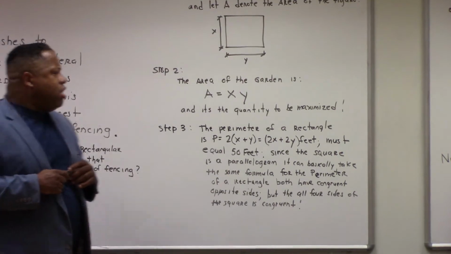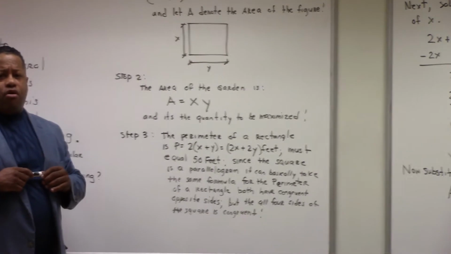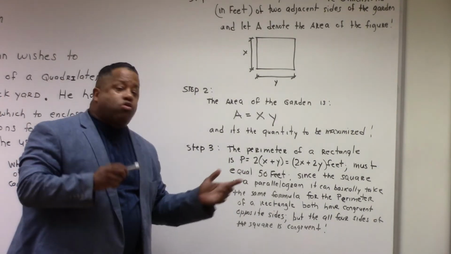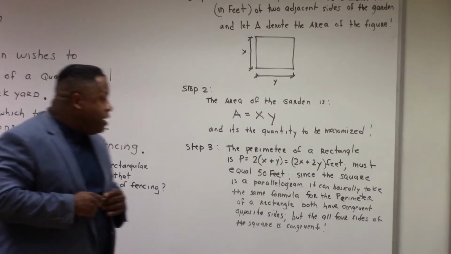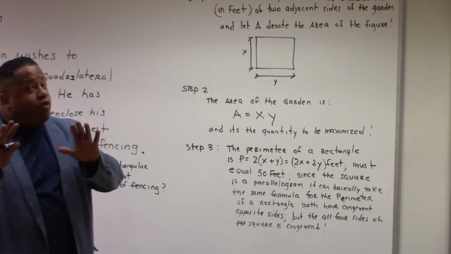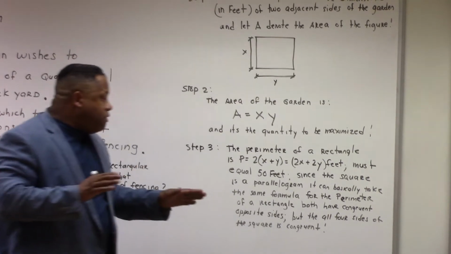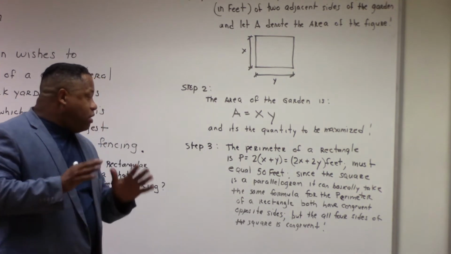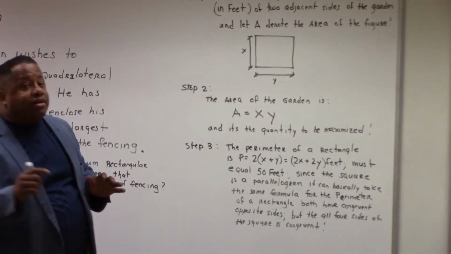That is the formula for a rectangle. However, since a square is a parallelogram, it can take on the same formula for the perimeter, because both have congruent opposite sides.